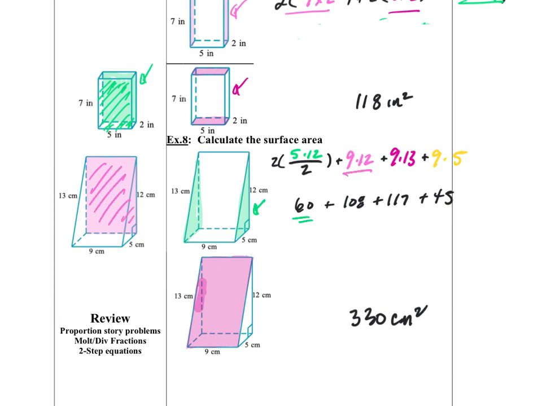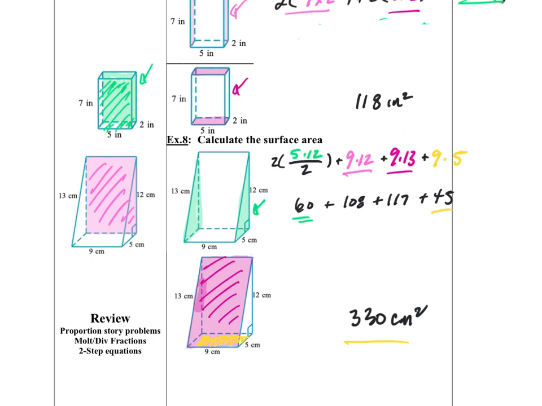Then you have a 9 by 13, which is this right here. And then your 9 by 5 sits right here. That's the 3 bases. And that adds up to 330 centimeters squared.